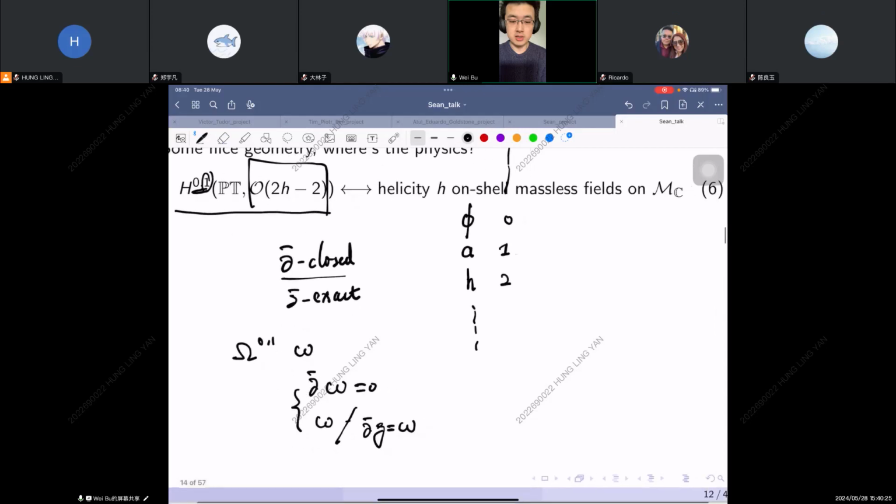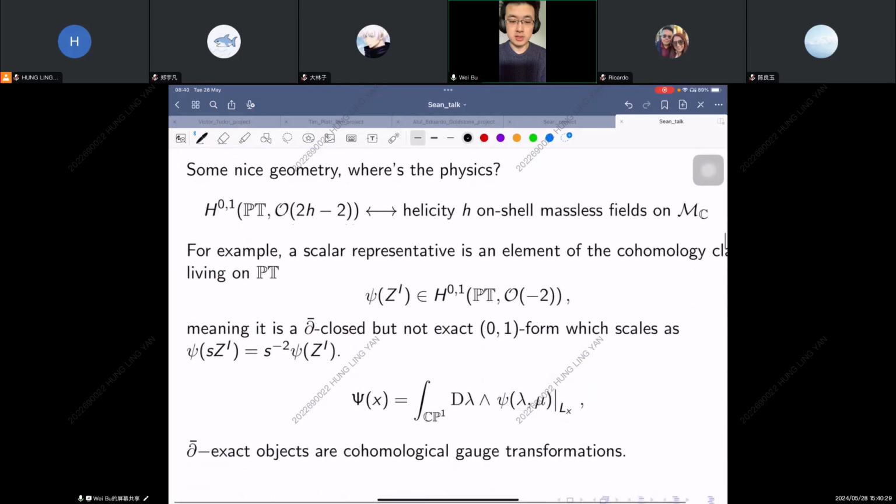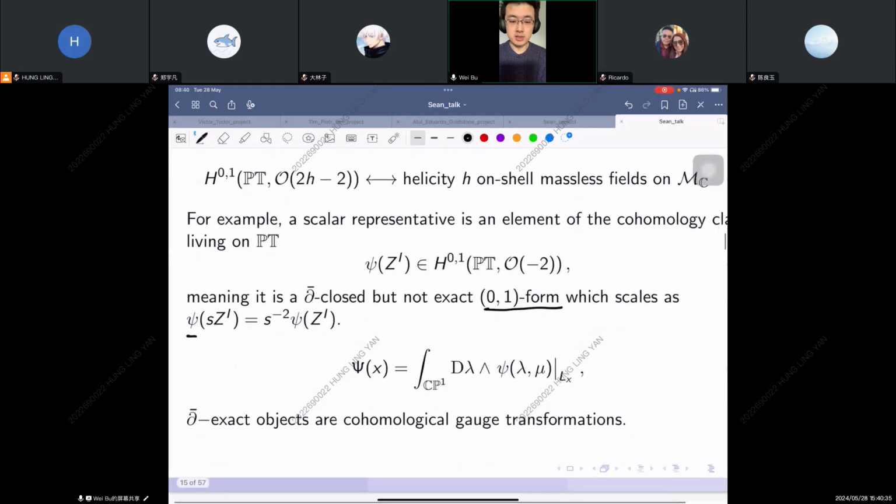So what that means very explicitly, I can write on the next slide, is: say I have a d-bar closed but not exact 0-1 form called psi. It's a function of all the twisted space coordinates. This is just a collective way of writing mu alpha dot, lambda alpha.